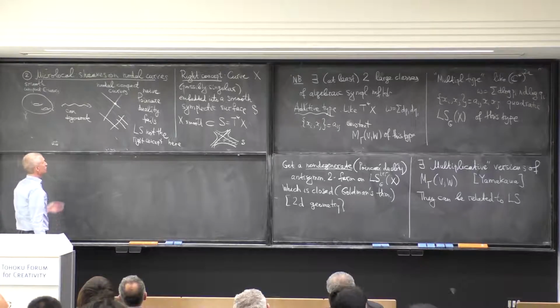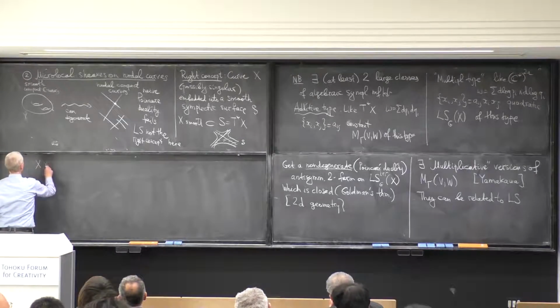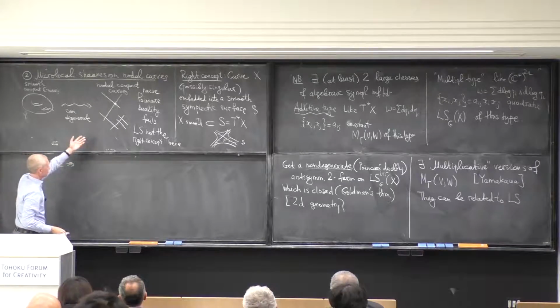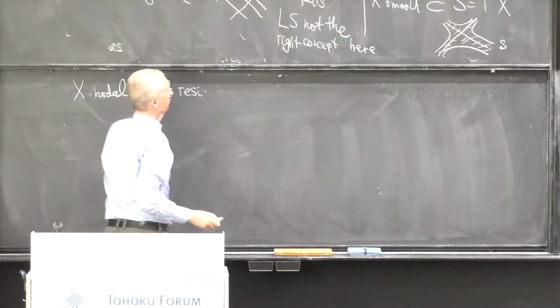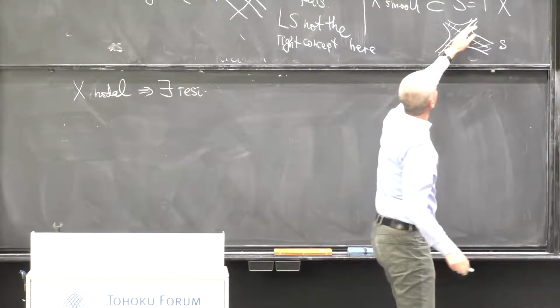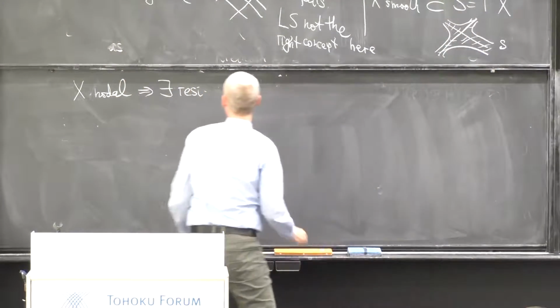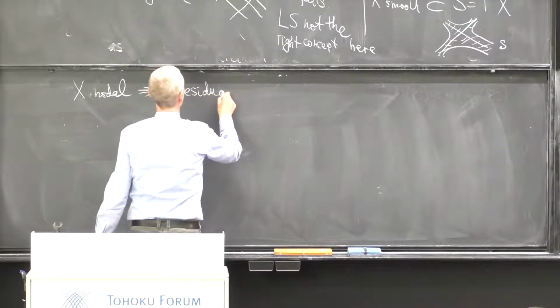So now, if the curve is nodal, then there is some residual structure. The very fact that it's embedded into a symplectic surface gives a residual structure.